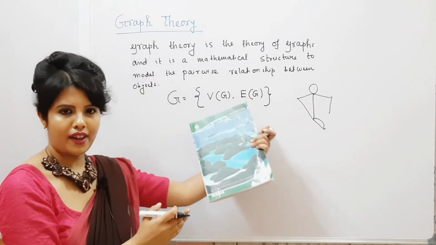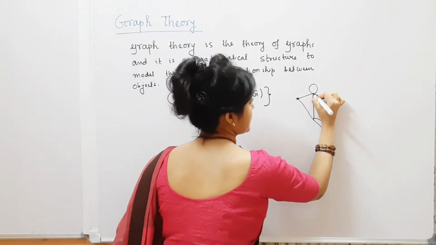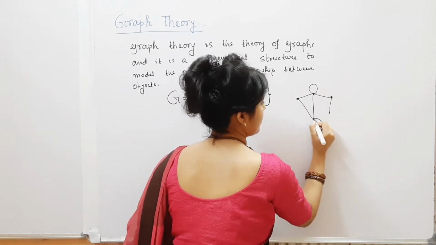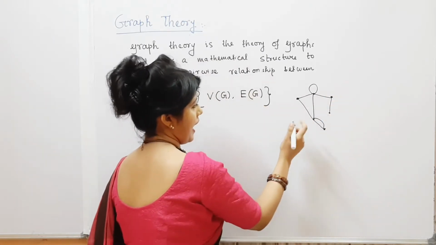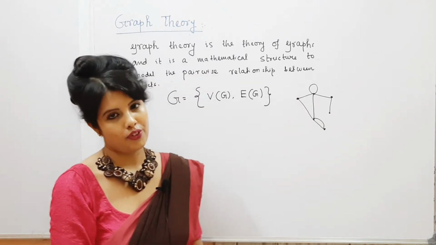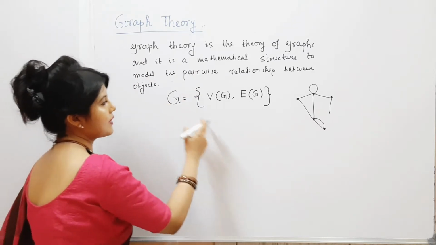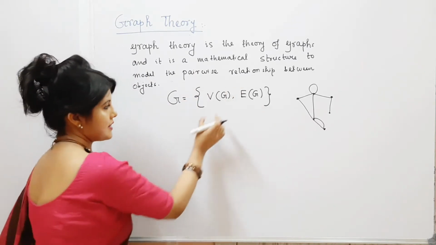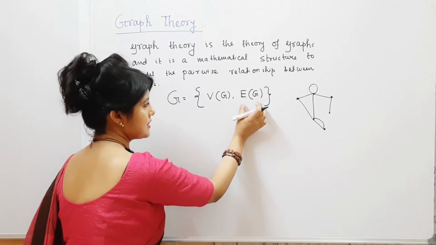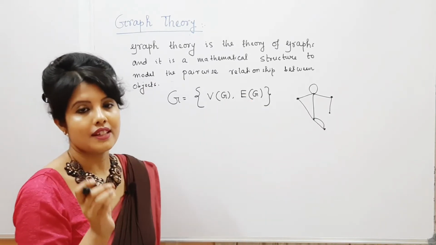So this is a graph: there are some vertices, that is V1, V2, V3, V4, V5, V6, and there are some edges, that is E1, E2, E3, E4, E5. So mathematically a graph can be written as the set of vertices and the set of edges. It consists of two sets.